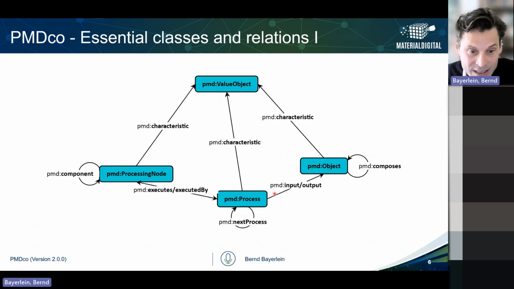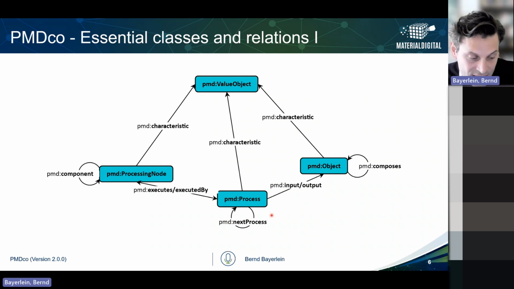And when we look a little bit deeper at how these essential classes, structure, and relations look, this is a schematic that is easy to understand. So at the basis, we have the PMD process. Processes can always have next processes, so you can really model a whole process chain. There are also other properties.